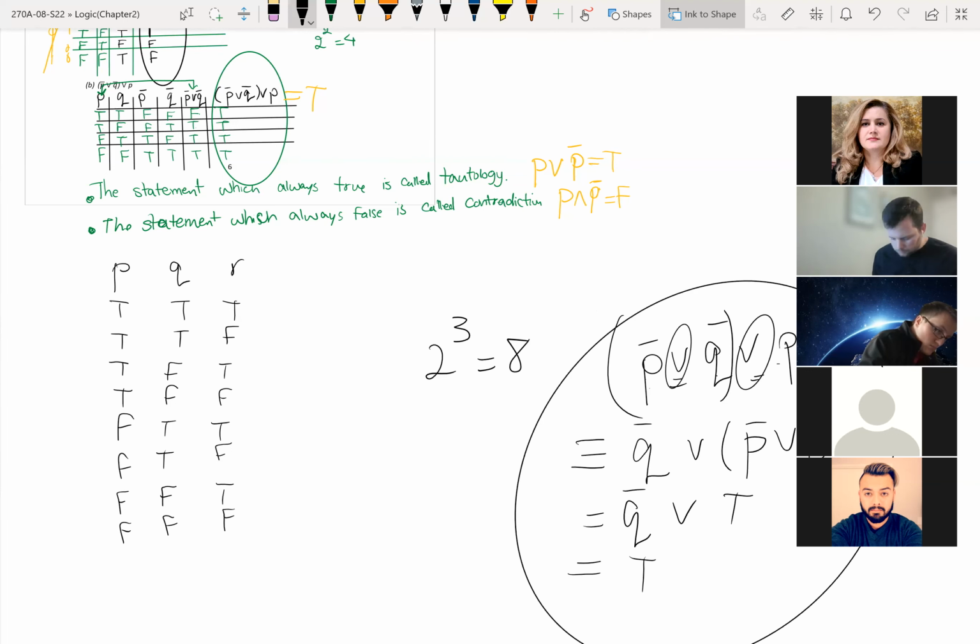So this is another type of method. This is when you use the properties to prove it's a tautology. This is when you use the truth table to show it is a tautology. Either one is fine. But distribution is with different notation. If you have the same notation, you use associative property. You'll see it soon, okay?